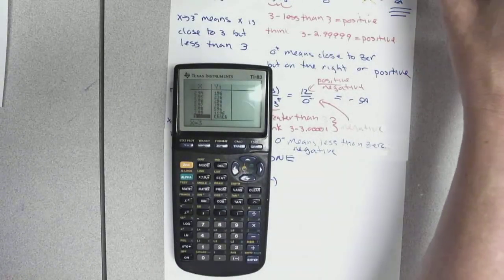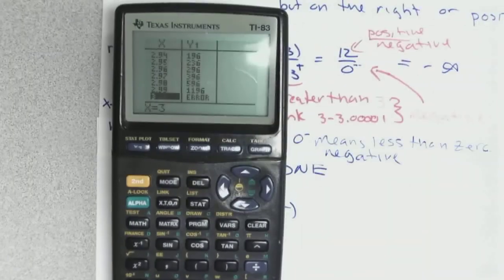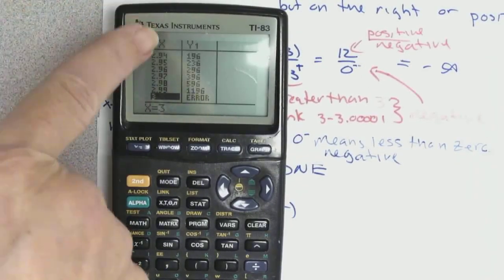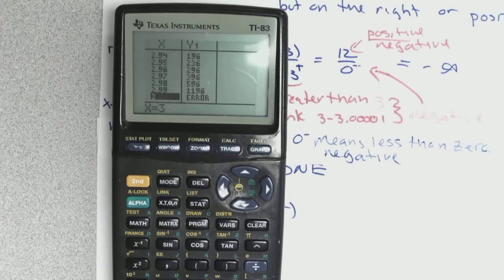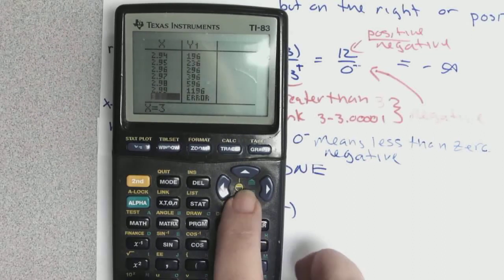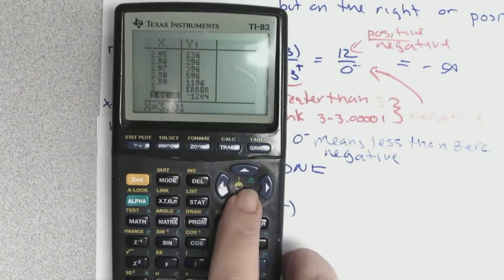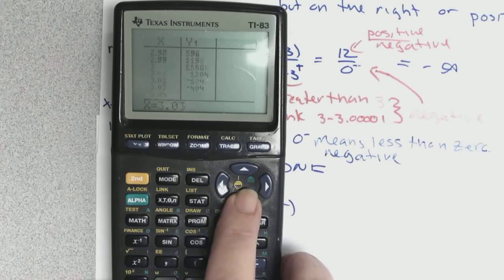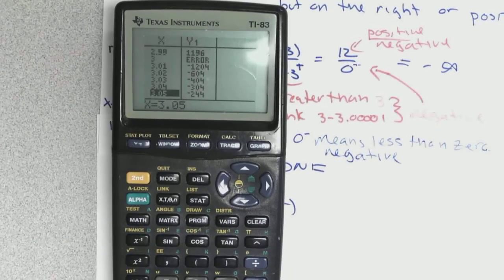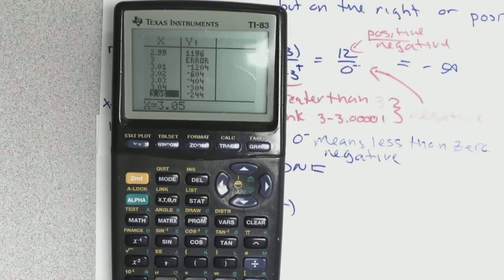Let's zoom in a little bit. We can see as we get closer and closer to 3, the numbers are getting bigger and bigger, so positive infinity. We hit 3, an error, because it's undefined there. And then if we keep going, we see now that they're negative, that on the other side we're approaching negative infinity.